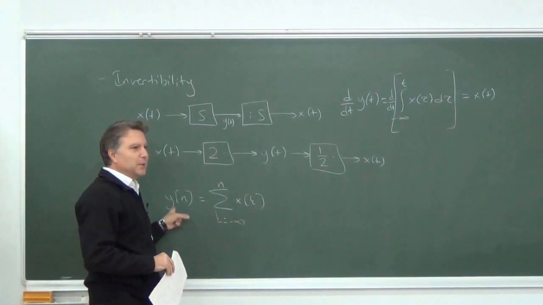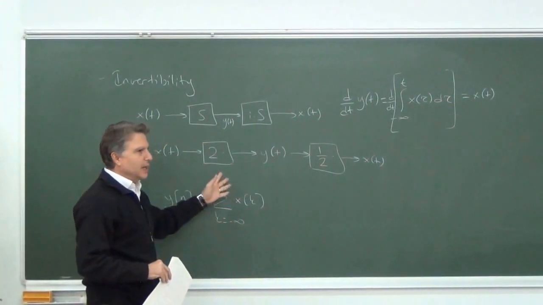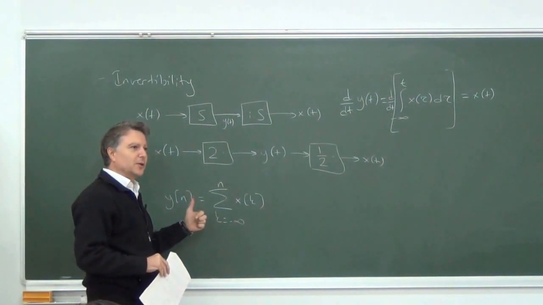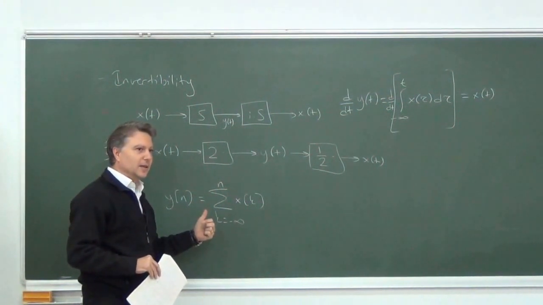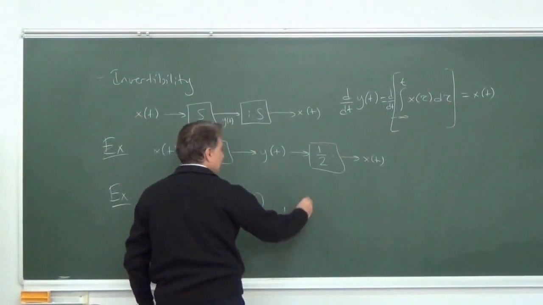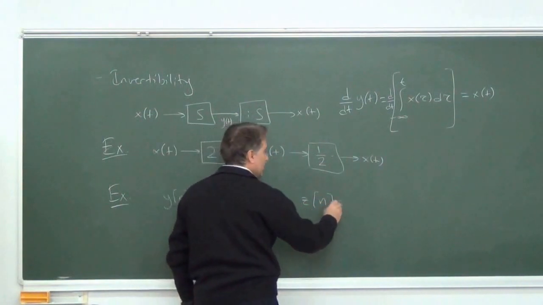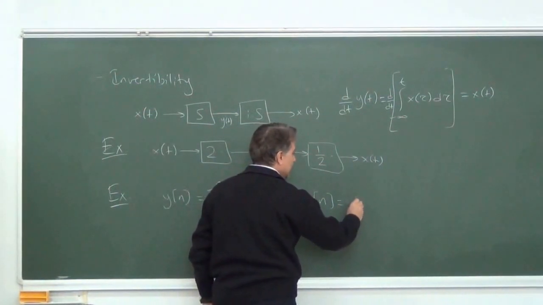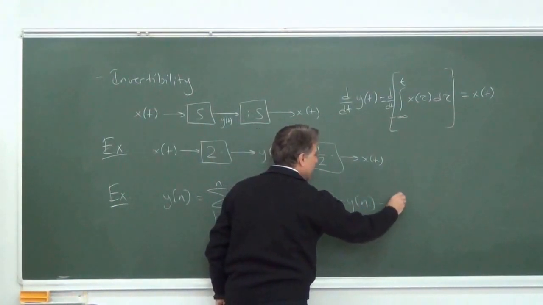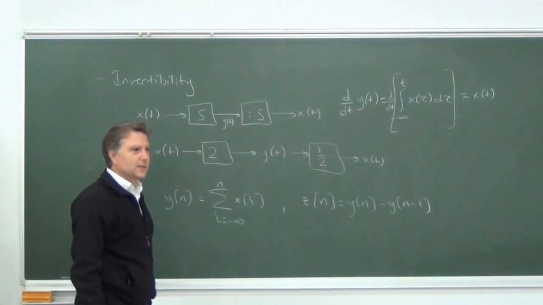This is behaving similarly. It's not integrating, but it is accumulating. And what is the discrete time counterpart of derivative then? It was difference. Let's think of this system: z of n is equal to y of n minus y of n minus 1, the first difference.